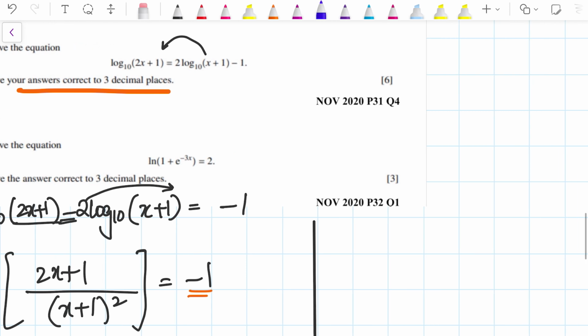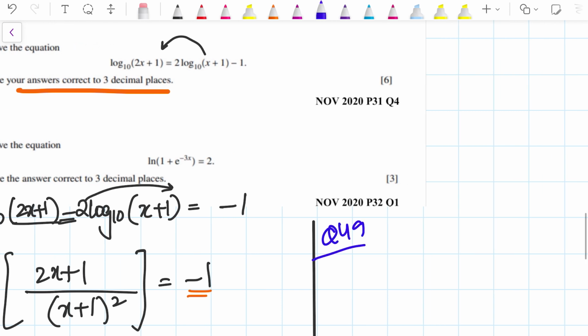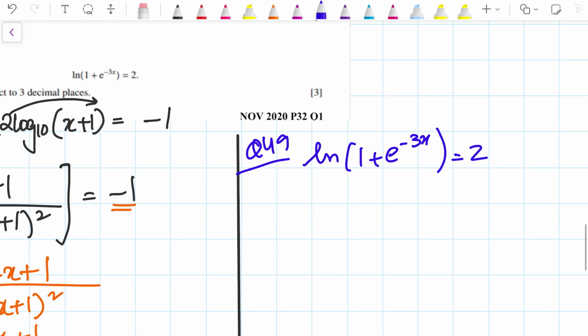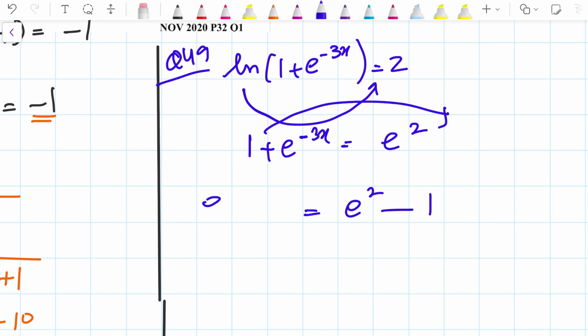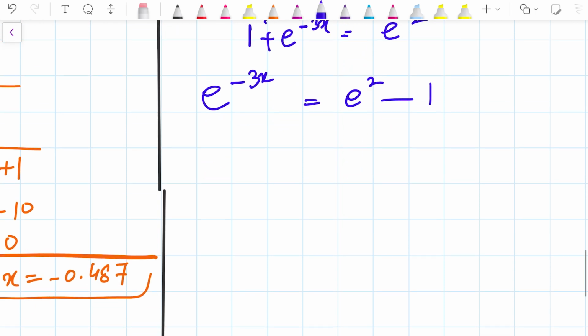All right, now, 49. ln of 1 plus e power minus 3x equals 2. When you move ln to the other side, it becomes e. Then you take minus 1 to the other side. Then you move e to the other side, it becomes ln.